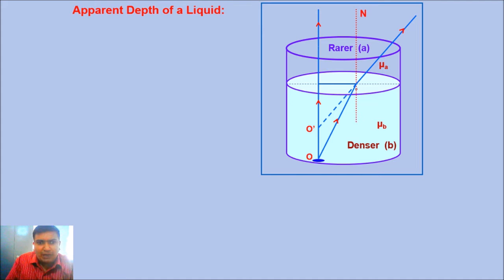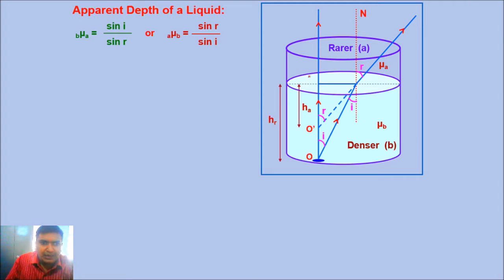So the path deviated gives O dash. O dash is the apparent position which can be visualized from the outside, and HR is the real depth. So the real depth of the coin is HR and the apparent depth of the coin is HA.